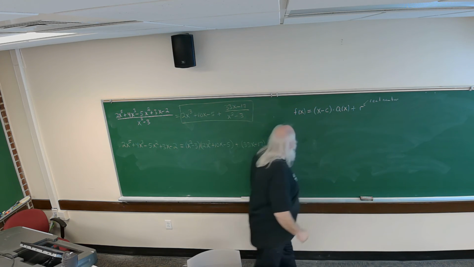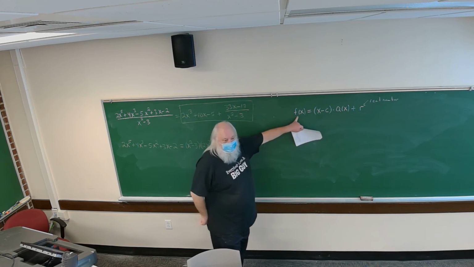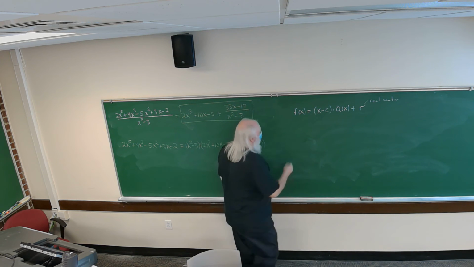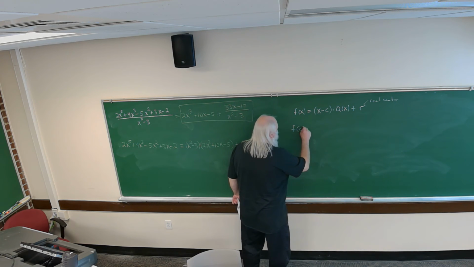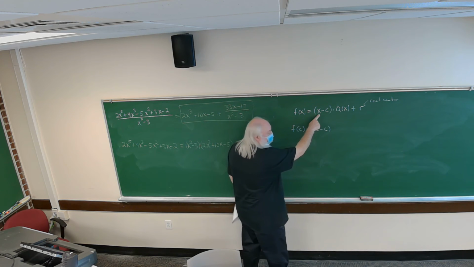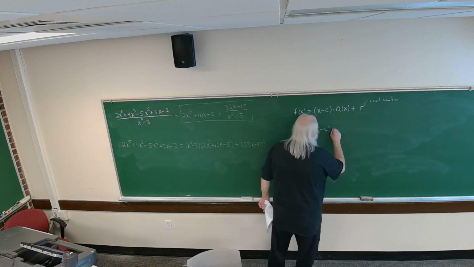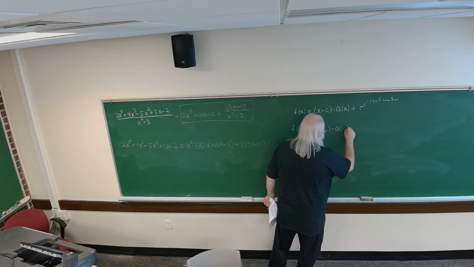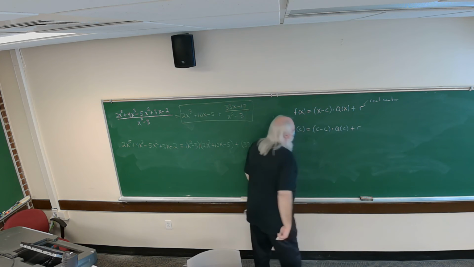And so if we evaluate this polynomial at x equals c, we have f of c is equal to c minus c, right? Put in c for x on the right hand side. And so we have c minus c times q of c plus r.